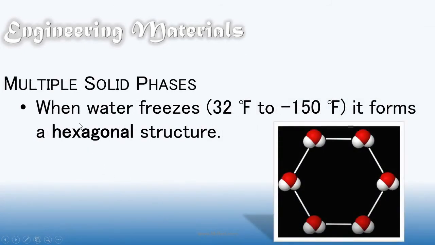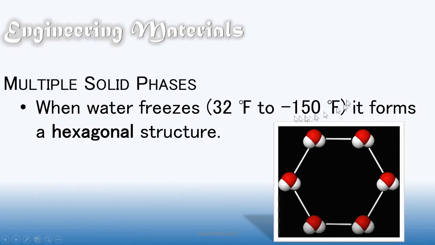Another thing I need you to understand is that there are different phases in the solid phase. There are multiple solid phases. For instance, water freezes at 32 degrees Fahrenheit, 0 degrees Celsius. When water freezes, it forms a hexagonal structure. And by the way, this is why water is one of the few things that becomes less dense as it becomes a solid. It actually expands into this shape here. But it goes through another solid phase change when water gets below negative 150 degrees Fahrenheit.